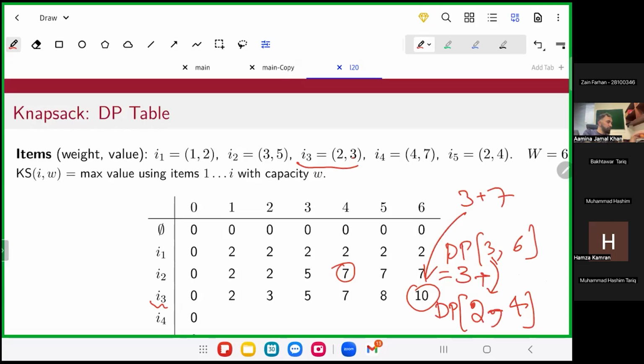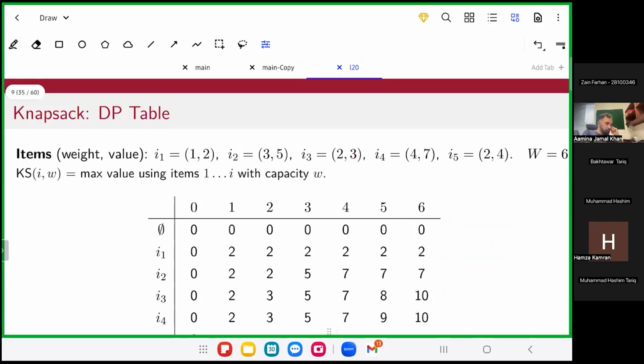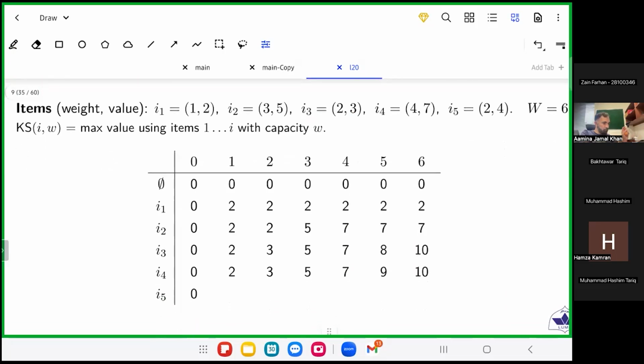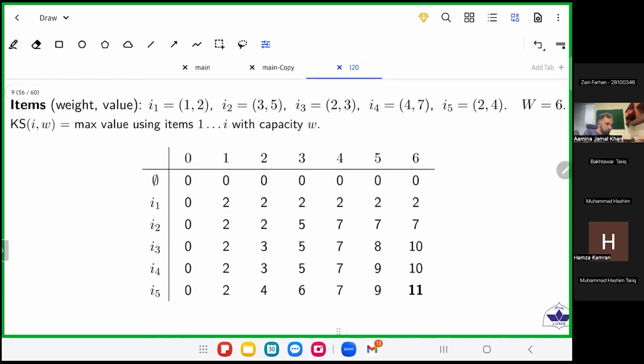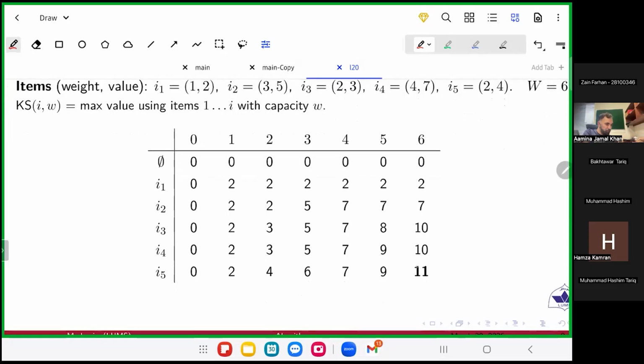All right, let's see the remaining cells to figure out what's gonna be the last row. 11. Okay, so at this point, if you want to figure out how you ended up here, it's again gonna be not that easy.